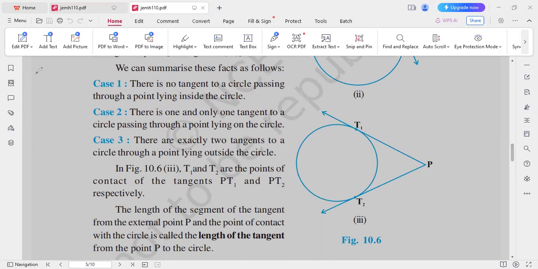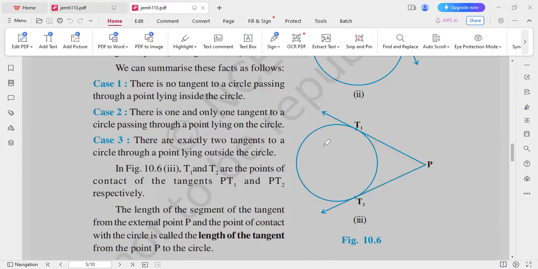You can see, Manya, that this is a circle, right? What are these two called? Tangents. Very good. These are two tangents. Now, do you notice that there is one point which is outside the circle, and through this point we have drawn two tangents, this and this, right?